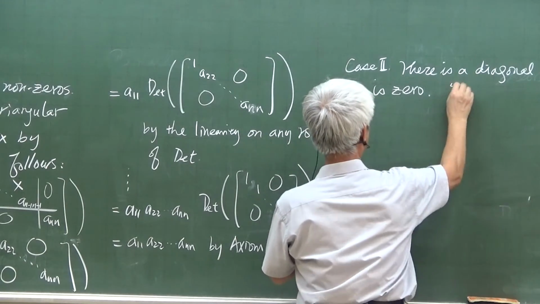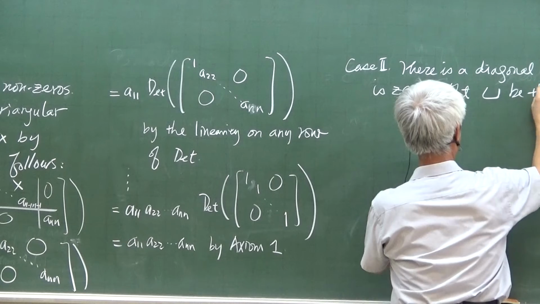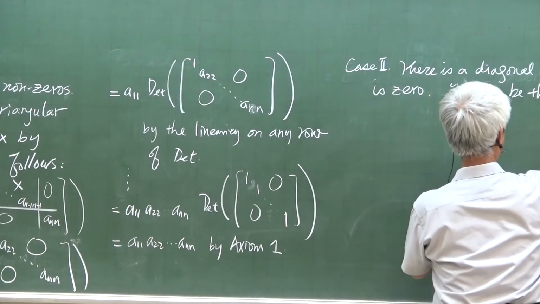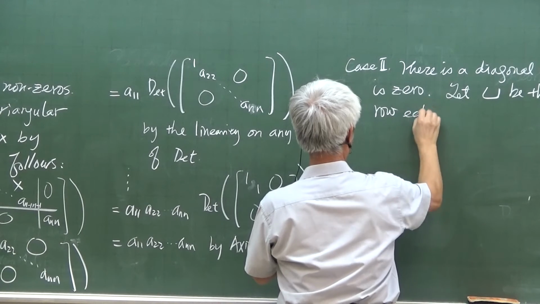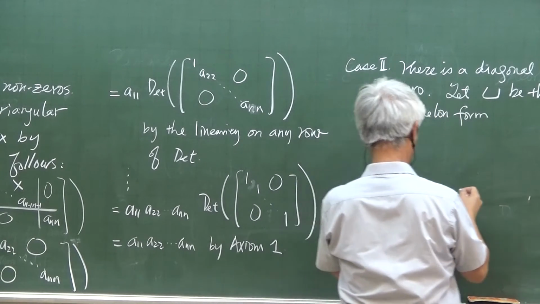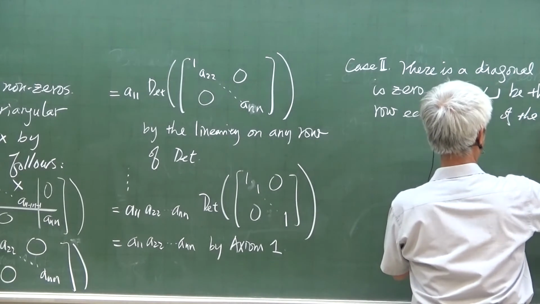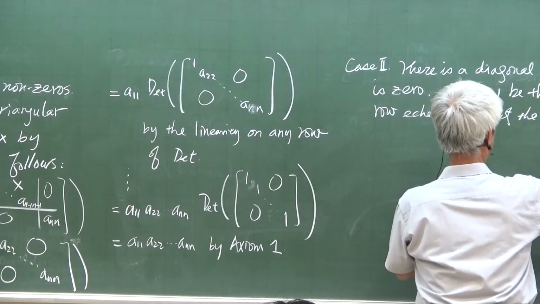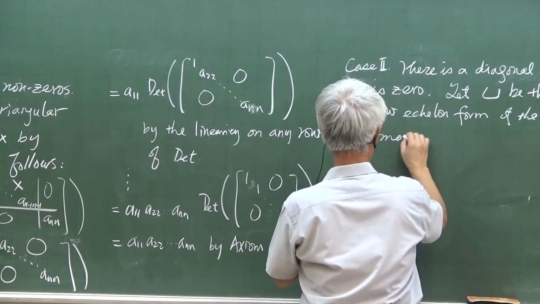We let U be the reduced row echelon form of the triangular matrix A.